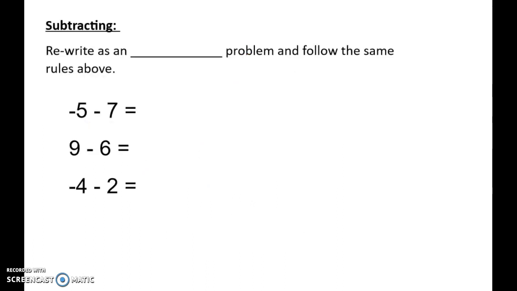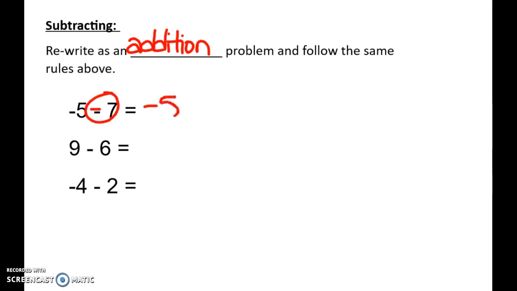When we subtract integers, we're actually going to rewrite them as an addition problem. And I'm going to show you how to do that. So we're going to try not to subtract integers. We're always going to try to think of them as adding them. And then we'll follow the same rules as we just learned for adding. So for instance, if we had negative 5 minus 7, this minus is actually going to go with the 7 there.